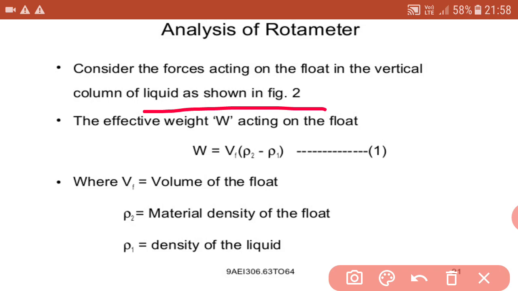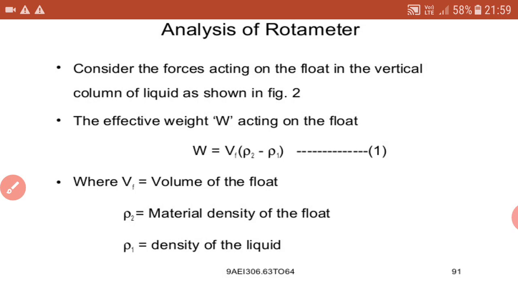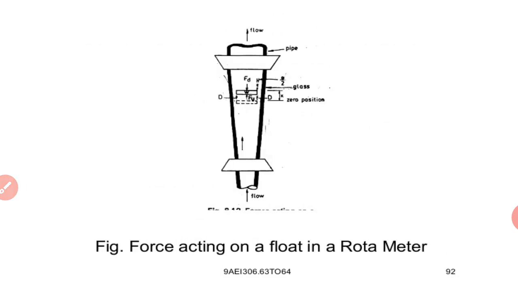The effective weight W acting on the float is given by W = Vf (rho 2 - rho 1), where Vf is the volume of the float, rho 2 is the material density of the float, and rho 1 is the density of the liquid. This is the equation by which we can find the effective weight.